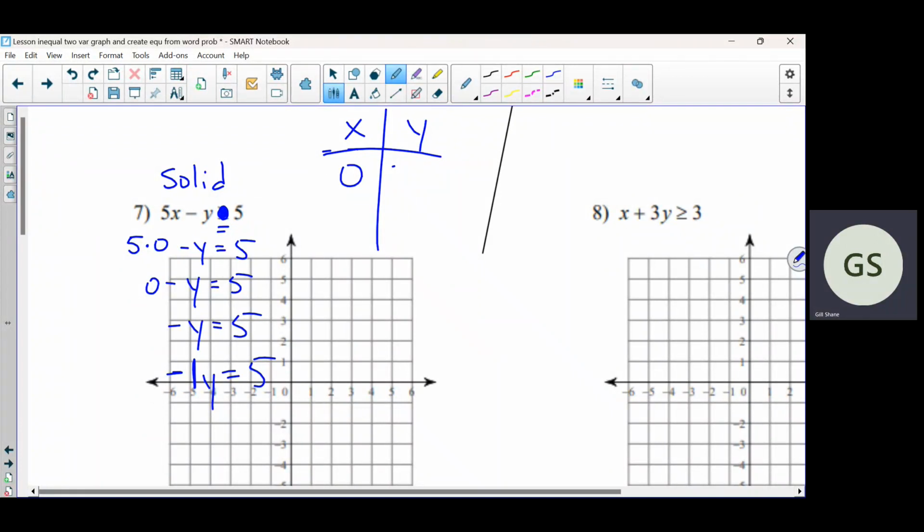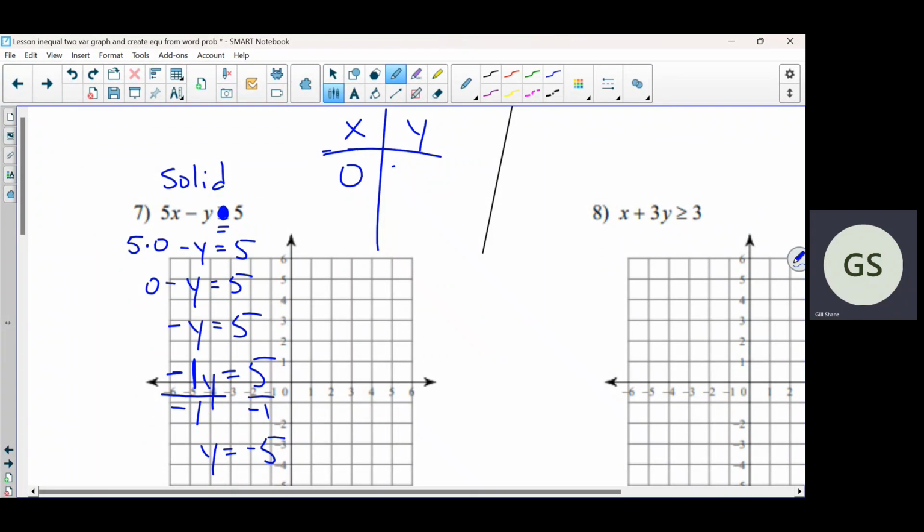That's 5 x's. Well, this is 1 negative y. So when I'm doing the steps, I would really be dividing by negative 1 on both sides, which is what gives me y equals negative 5. That's the math behind it.